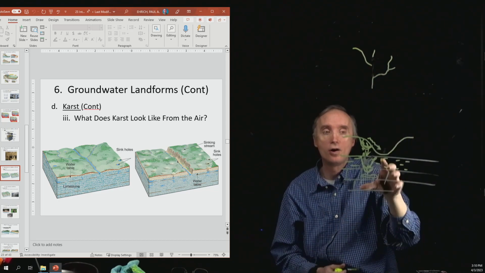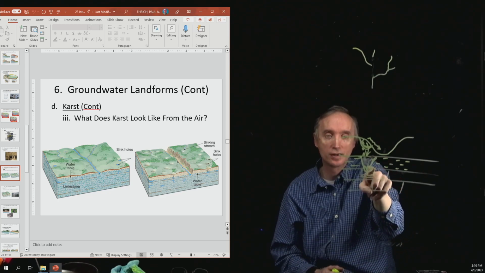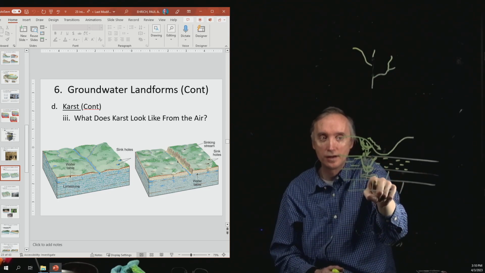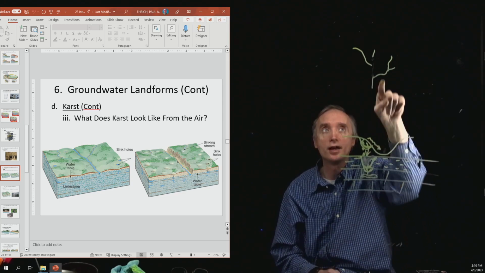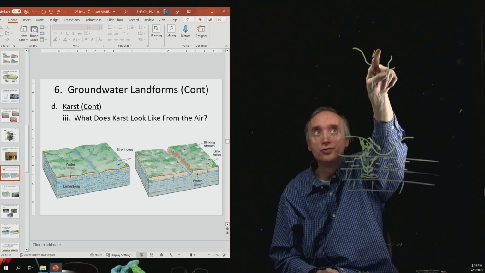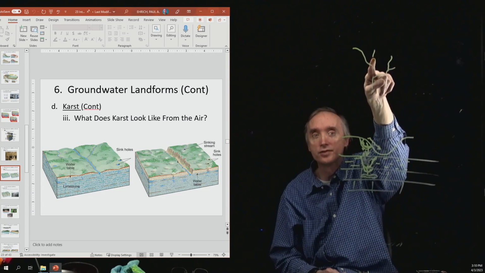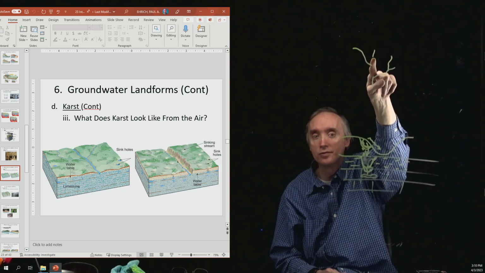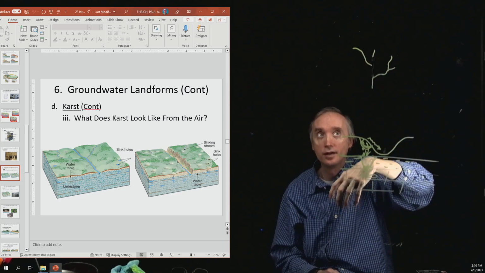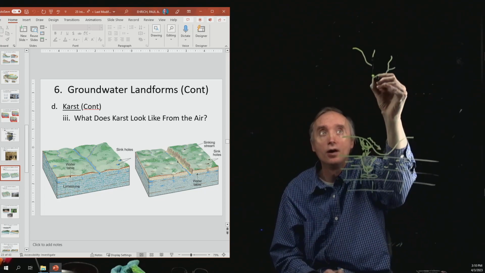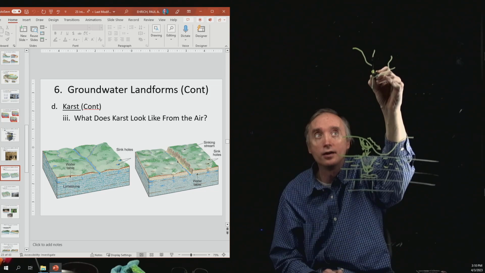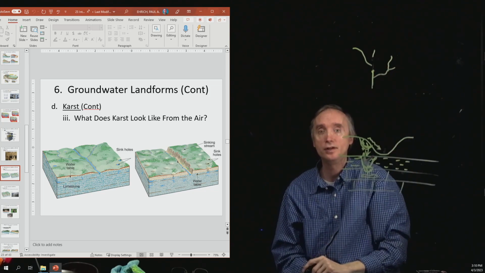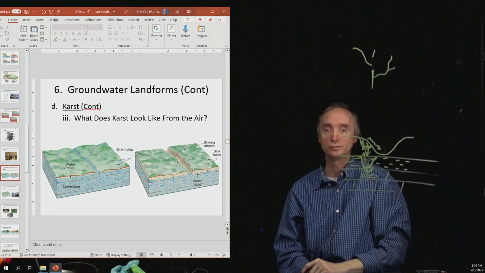This is going to be called a losing stream right here. The stream just abruptly stops and disappears because it's going underground. Also, the groundwater down in here might surface somewhere else. Maybe over here, all of a sudden you've got a spring where water is coming up out of the ground, and then it continues into the river system.